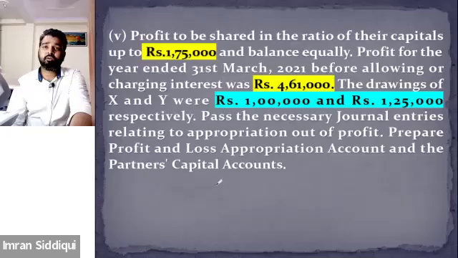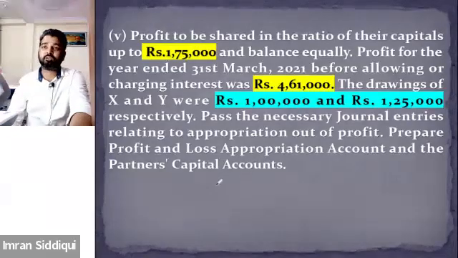Sir, when what is not given? The date of drawing is not given. Oh, okay. See, the question simply says that the partners have withdrawn 1 lakh and 1,25,000. But on which date they have withdrawn this fund?